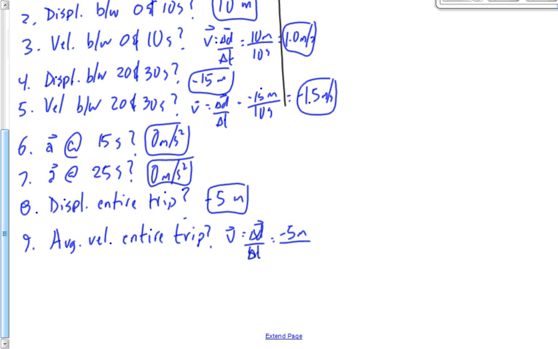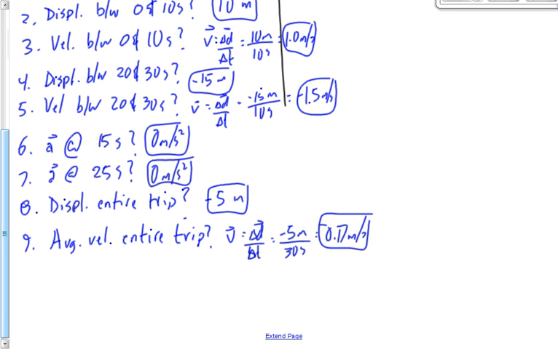The time for the entire trip was 30 seconds. So the average velocity is negative 5 divided by 30, which would be, I think, 0.167. Is that right? Somebody check that on the calculator. Negative 0.17 meters per second, I think. Yes? Okay, good, thank you.